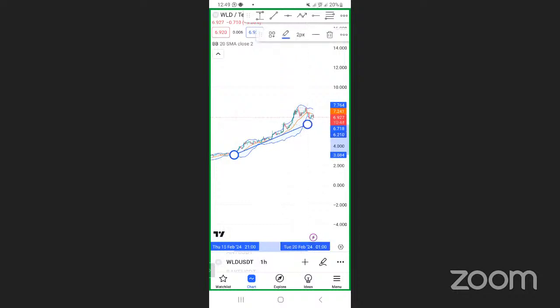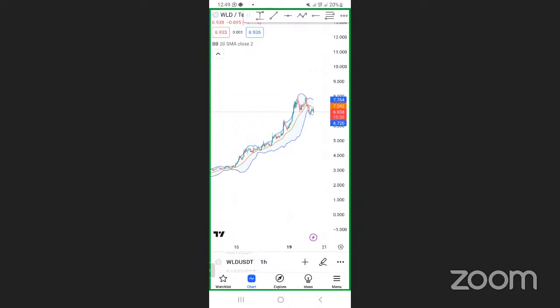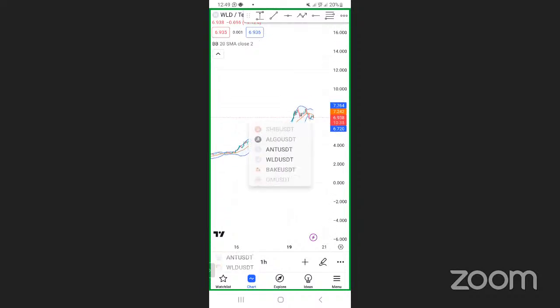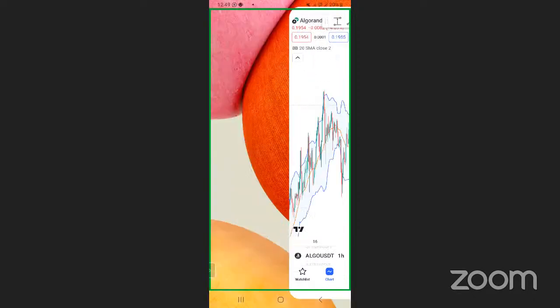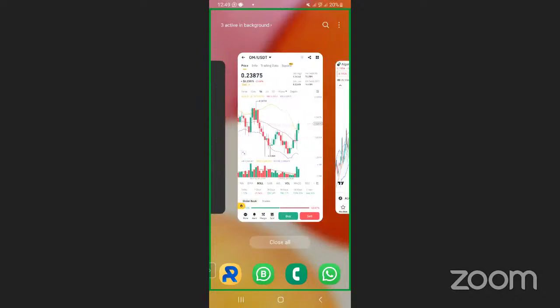And then you just wait until the price revisits that trend line. Then you make an entry and move along with it. But the best way to use this Bollinger Band is to wait until the price visits the middle band.